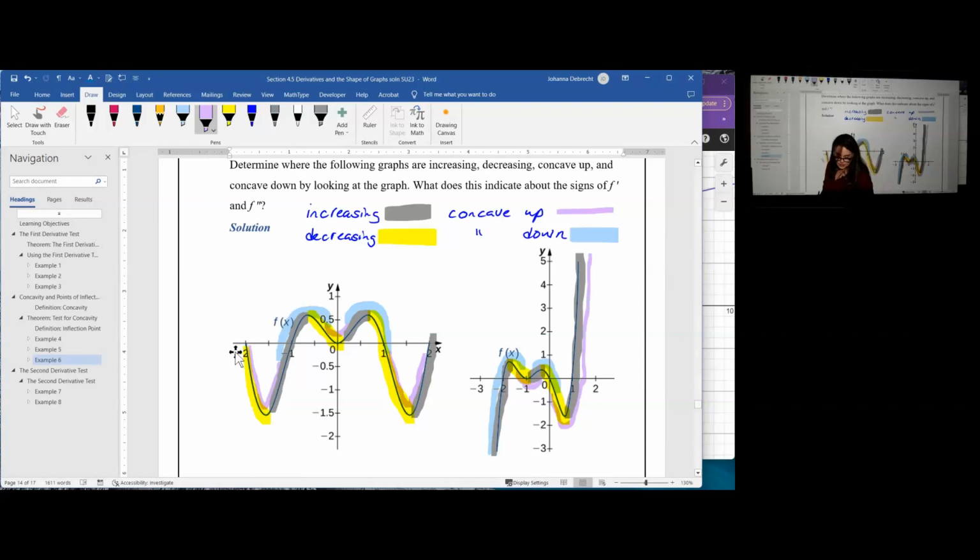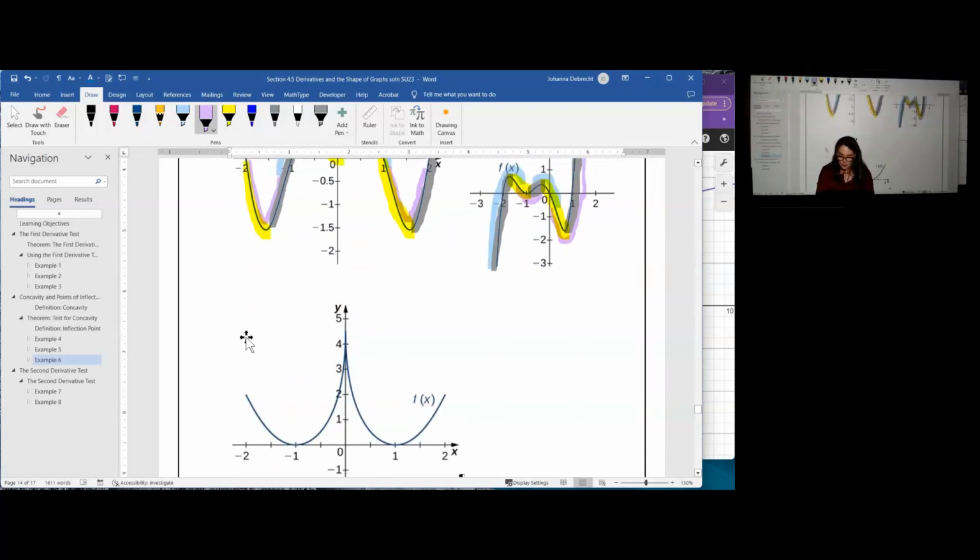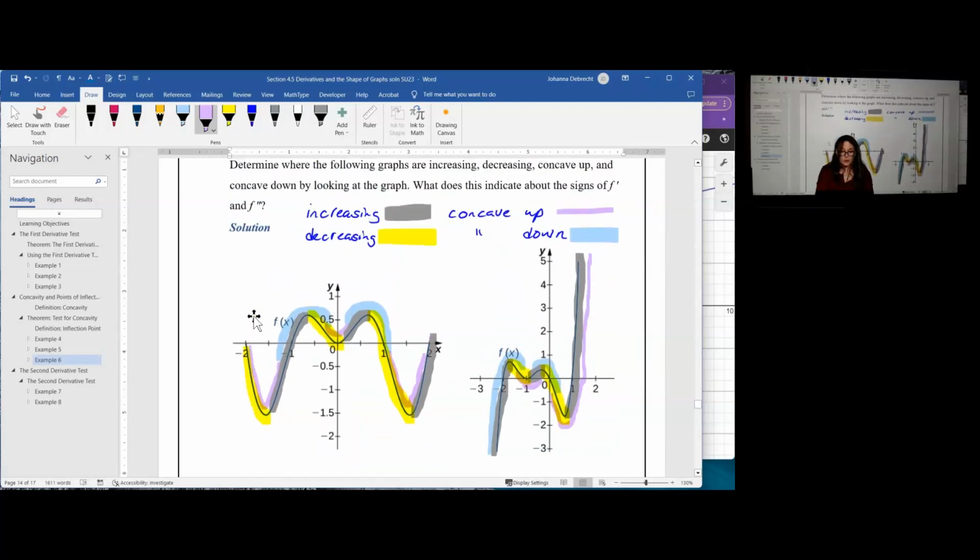Let's now take a look at the last example in this part, which is this graph here. When we're looking at this graph, let's also go through and talk about where it's increasing, decreasing, concave up, and concave down. We'll do increasing first.